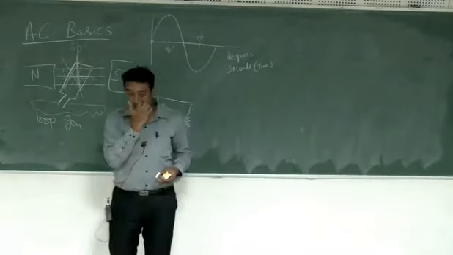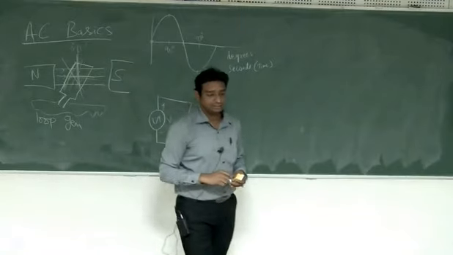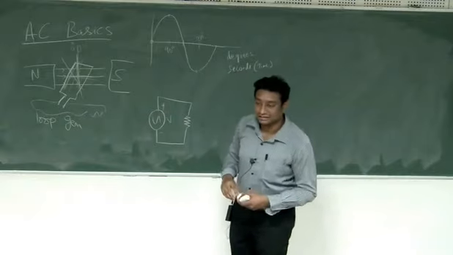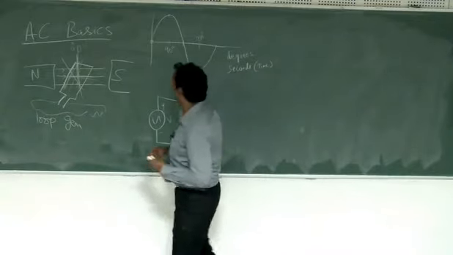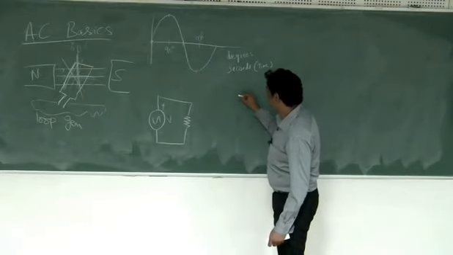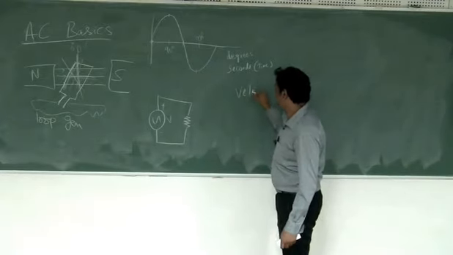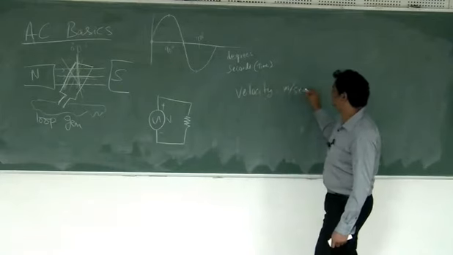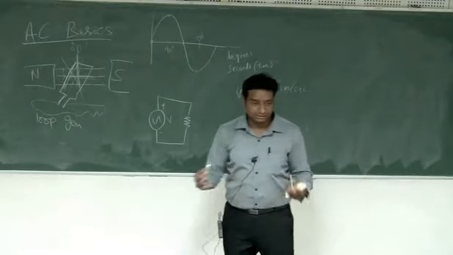I hear terms like frequency, and I hear terms like angular velocity. Angular velocity is the word I was thinking of. So we know velocity. What is the velocity unit? Meters per second. 10 meters per second, 20 meters per second, that's my velocity.